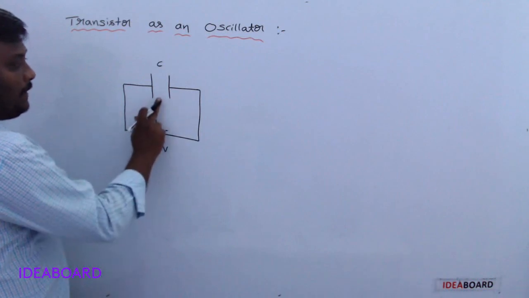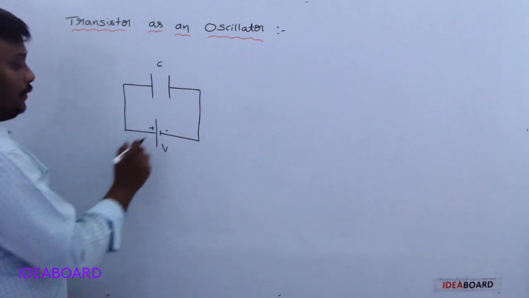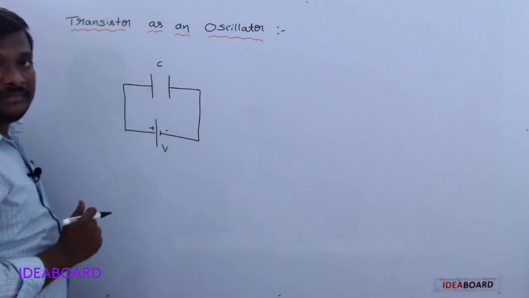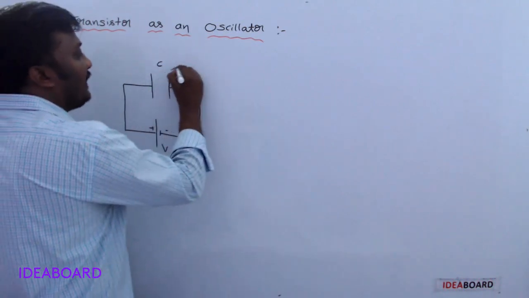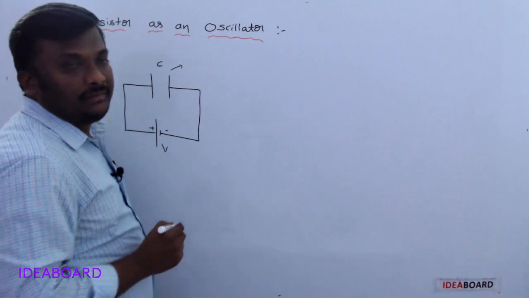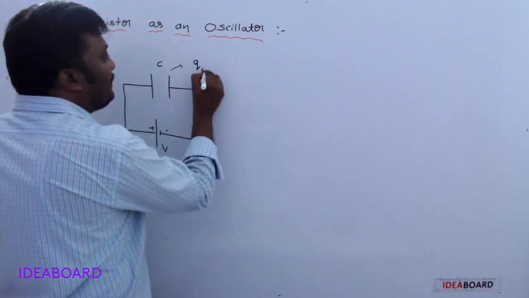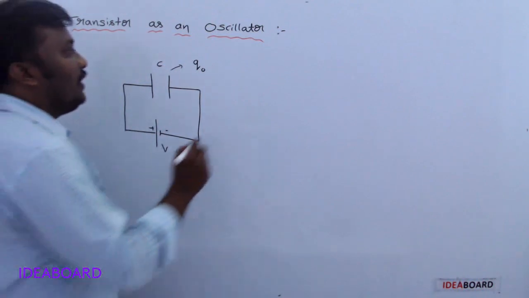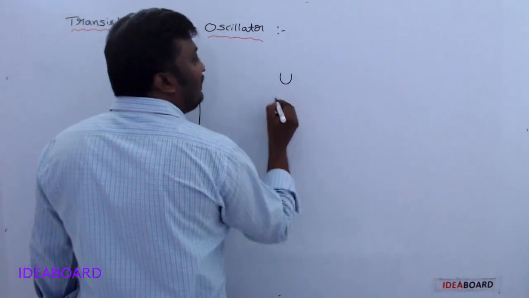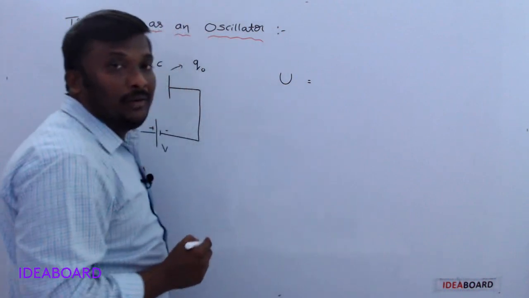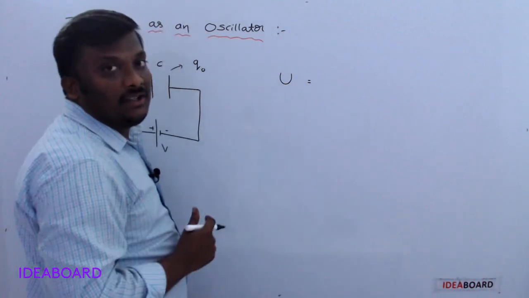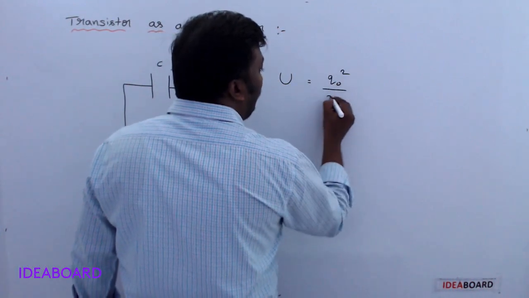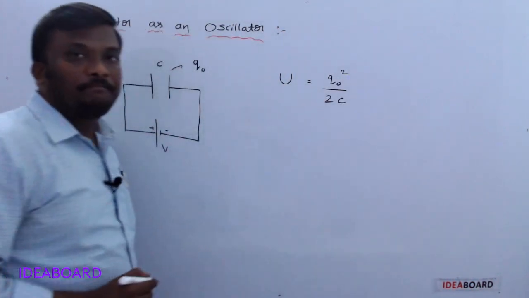Whenever you connect a capacitor with a battery, this battery supplies the charges and finally the capacitor is fully charged. Now the charge on the capacitor is taken as Q naught. The energy in the capacitor has one formula we discussed in the capacitance chapter: U is equal to Q naught square by 2C.